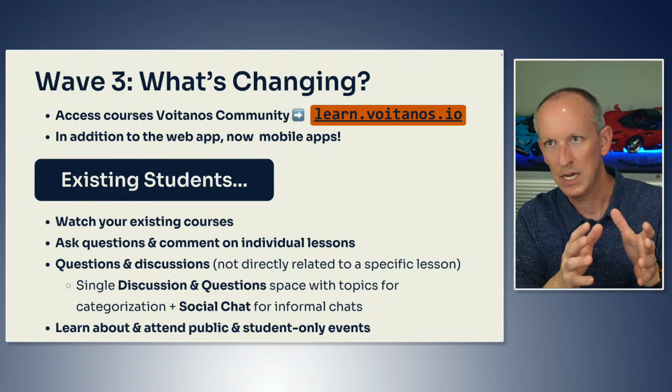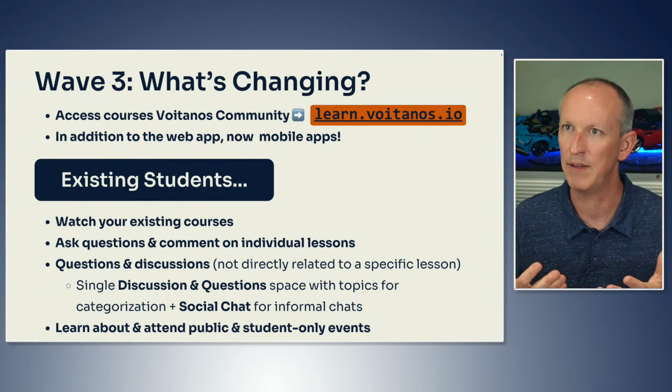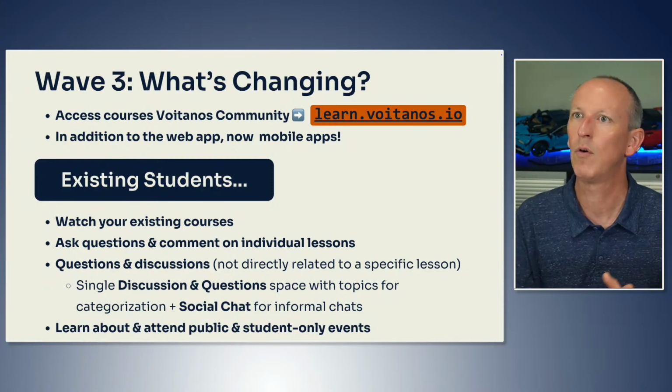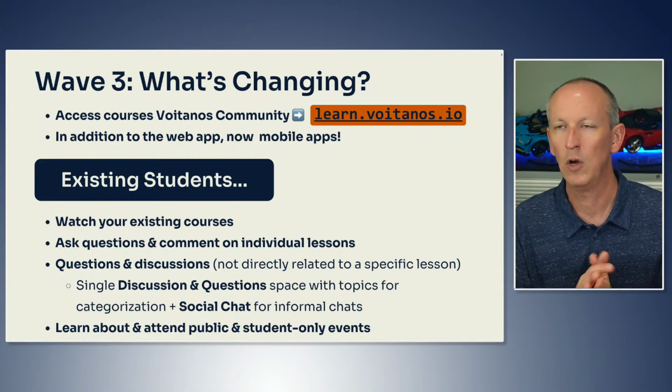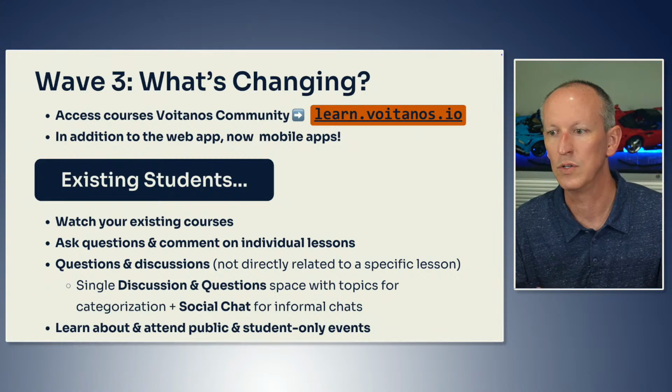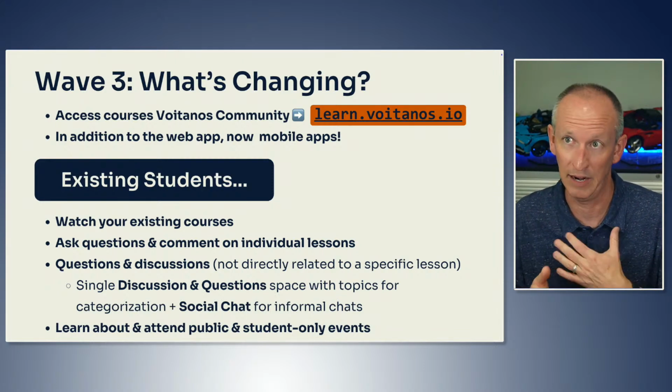Then if I have spare time, or for the time that I have set aside to help people in the community as part of giving back, these are the forums where I like to go do that. If you want to learn more about that, go look at the Voitanos articles, and you'll find it as the most recent post that I've published.